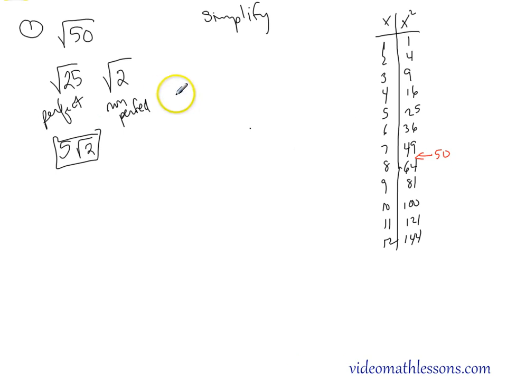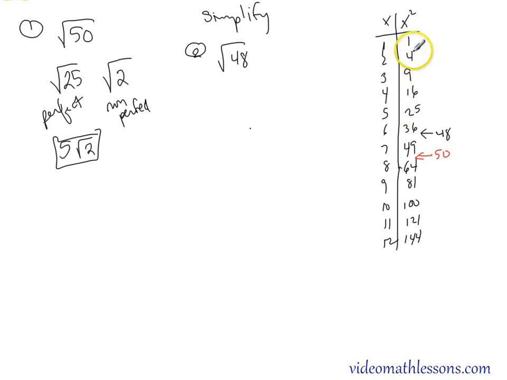So let's try another one. Let's say 48, so radical 48. This is one of those that people kind of screw up a lot of times. I look to see where 48 falls on the chart, and 48 falls right here. Now, what a lot of people do is they go like this.